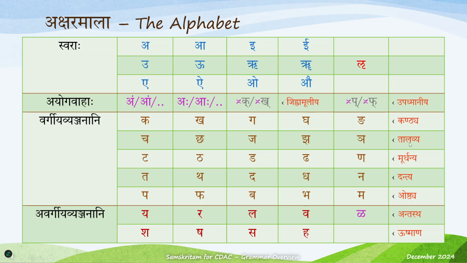So who is dominating and critical in producing that pronunciation is what is identified in Kanthya. And Talavya, Talu, Murdha, these are all portions of the top cavity of the mouth, like a small kumbha there. There is a lot of play between the tongue and the top of the mouth. Talavya and Murdhanya recognize the different parts of the top of the mouth that are involved, along with the tongue, and what the gap is.